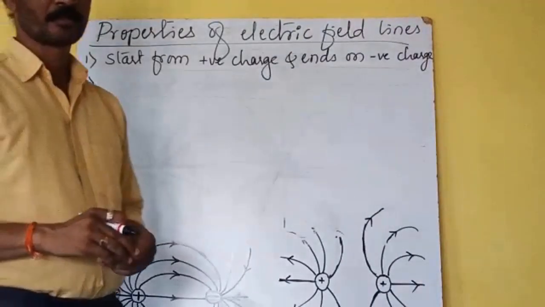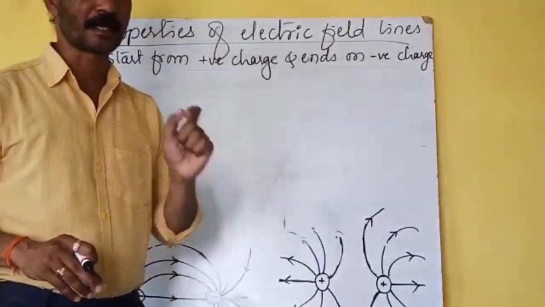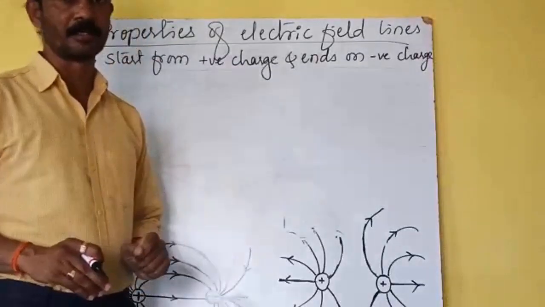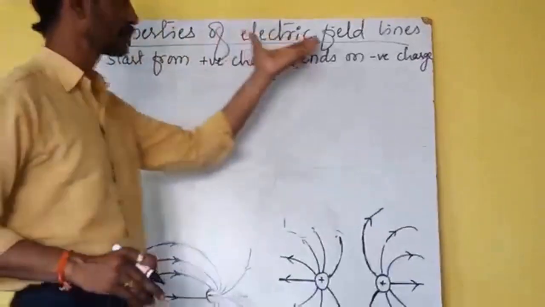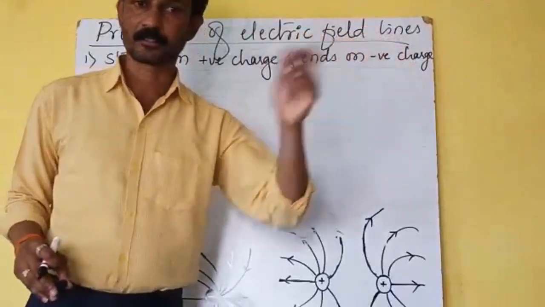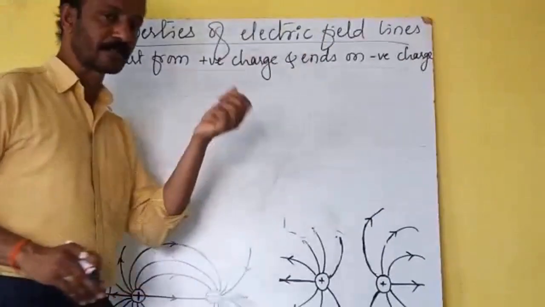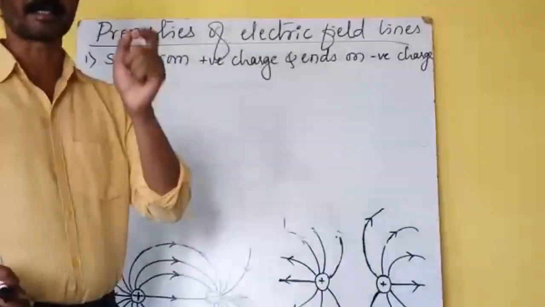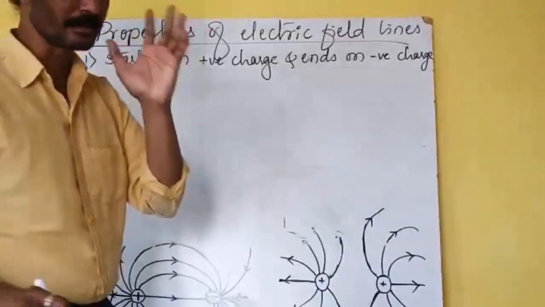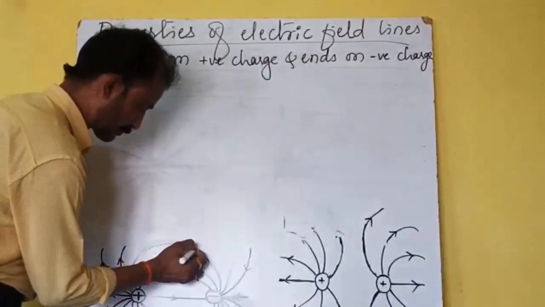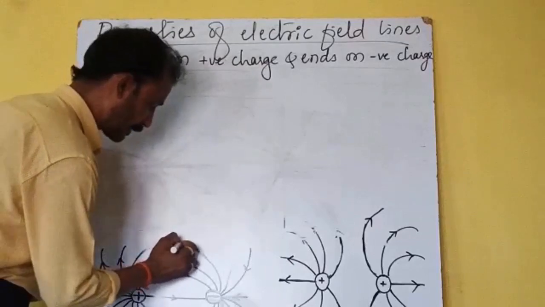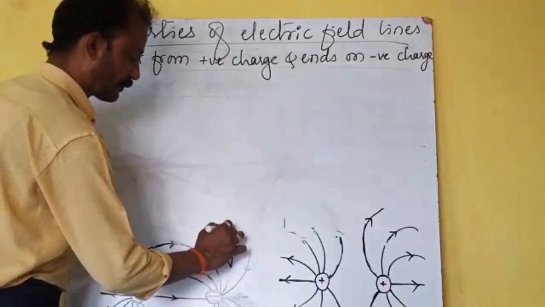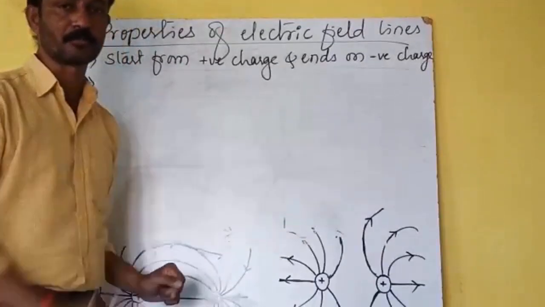Second property: the tangent drawn at any point on the electric field line. These electric field lines may be straight lines or curved lines. If we draw the tangent to the electric field line at any point, that gives the direction of the electric field at that point. See, in this case, for this electric field line, if we draw the tangent at this point, this gives the direction of the electric field at this point only.